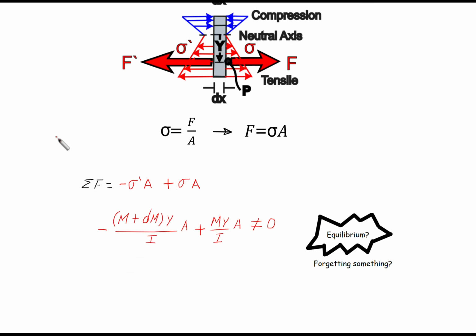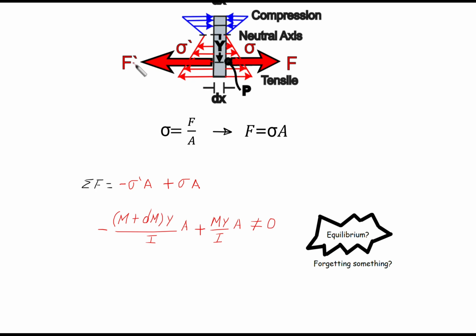This observation is very important so as to determine the equilibrium of this tiny piece, this tiny part of the beam. Let's check again. The sum of forces: the force pointing to the left is greater than the force pointing to the right, isn't it? As we mentioned before.